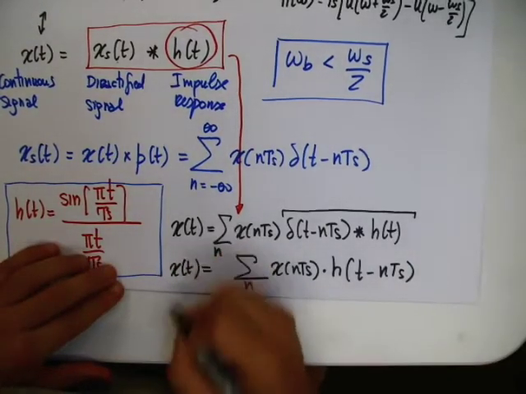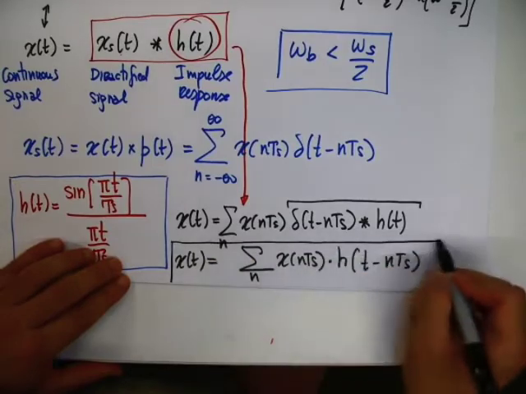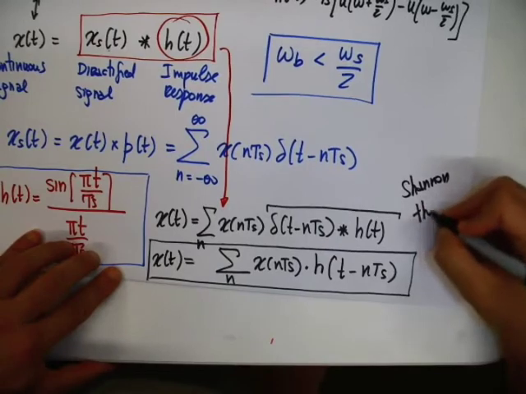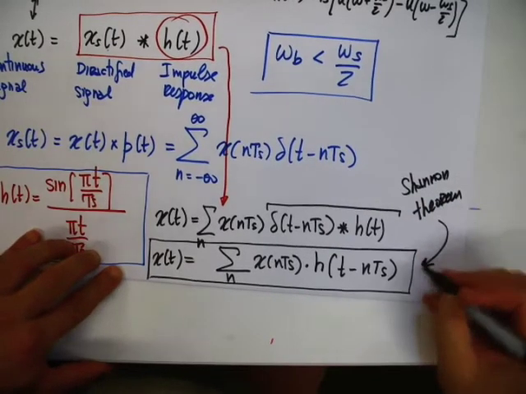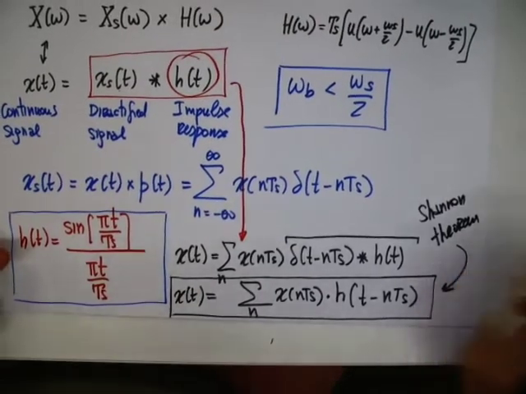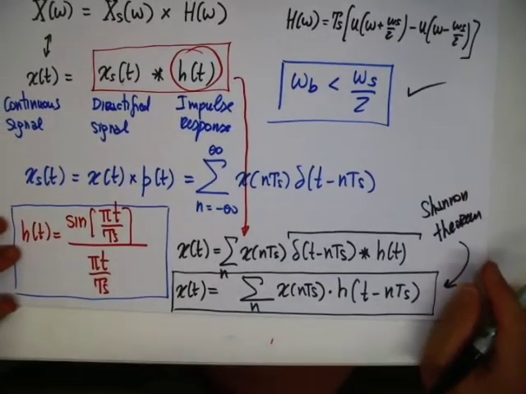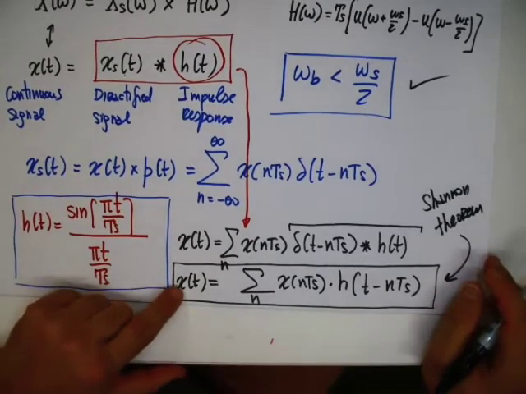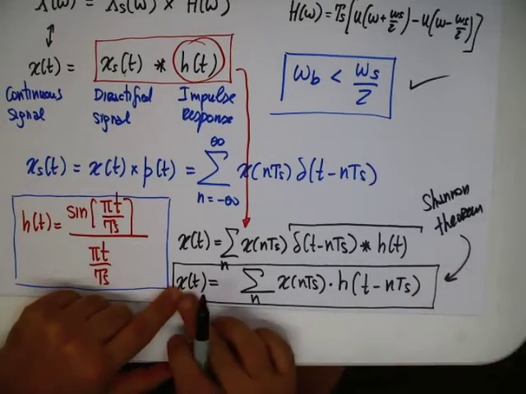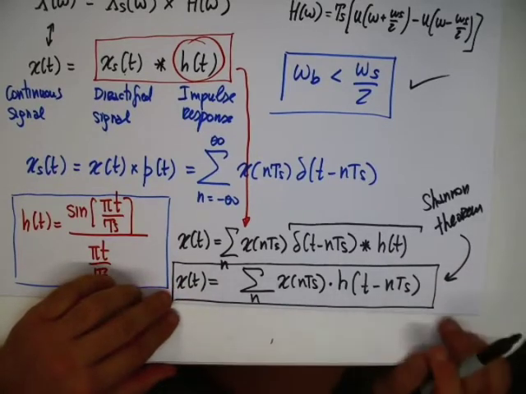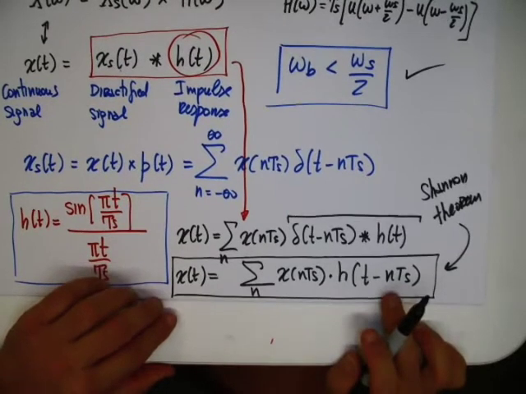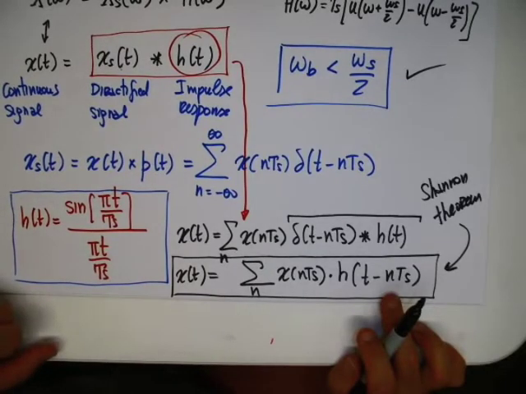And that's where we get the beautiful formulation of the Shannon Theorem. The Shannon Theorem is telling me that as long as the Nyquist frequency is satisfied, I can recover the original signal exactly by doing these linear combinations of the sampled values times the impulse response, which is given by this form.